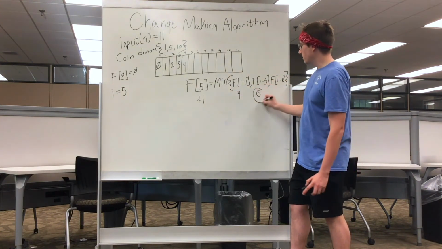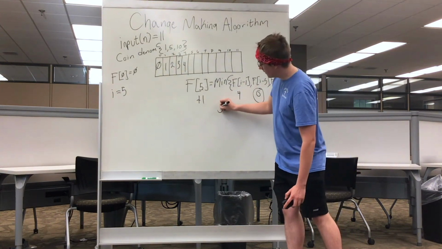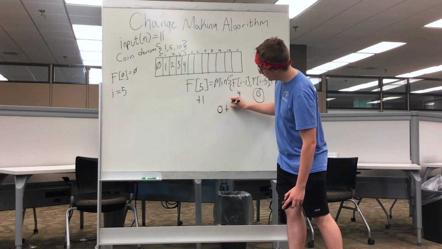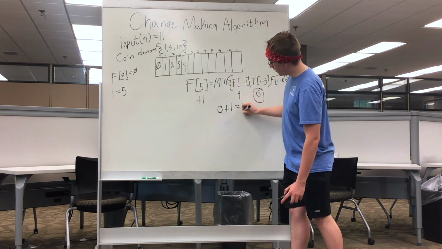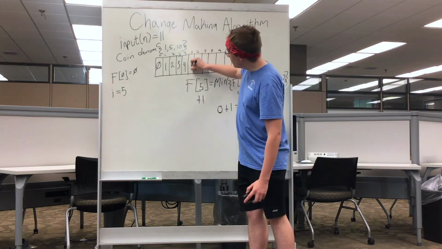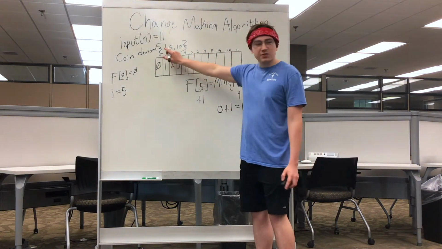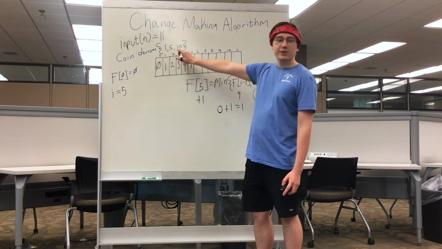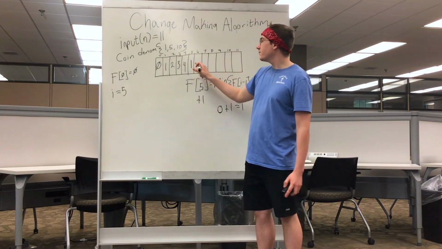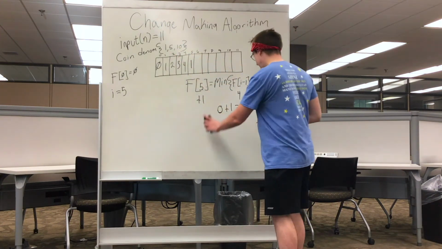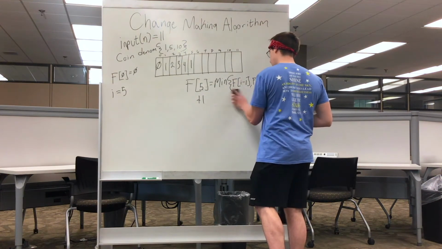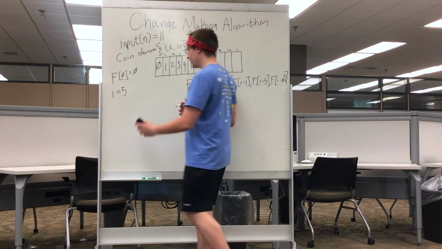So we'll choose 0, and then we'll do 0 plus 1 is equal to 1. So 5 is going to be equal to 1. Like I said, instead of using all these 1s from the coin denomination, we'll use the 5. So you just need 1 5 to make a 5, so hence why that's 1. And then we'll go ahead and increment again.